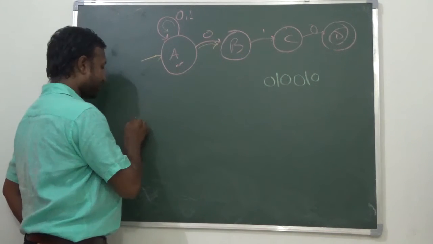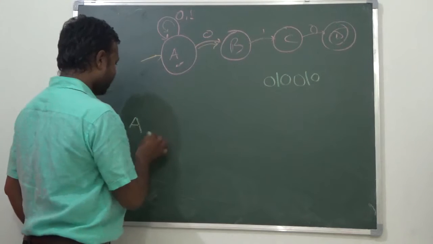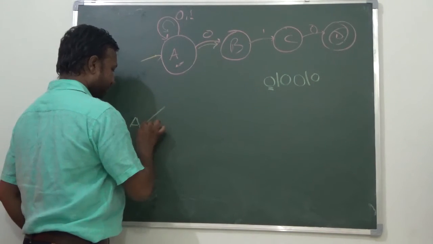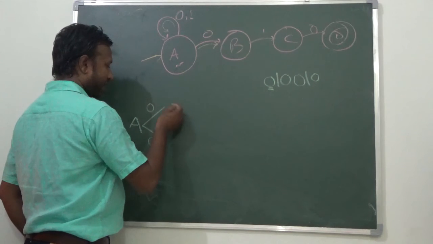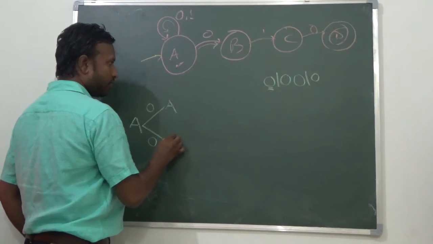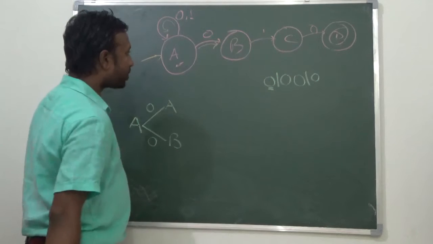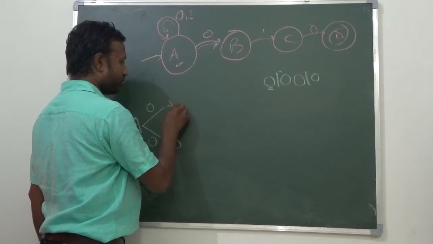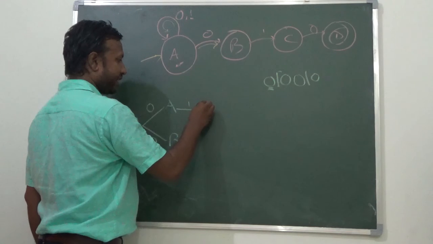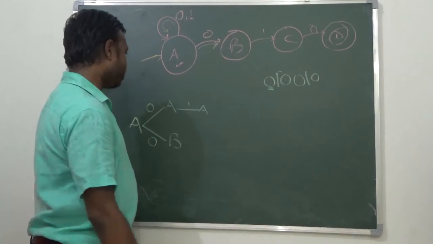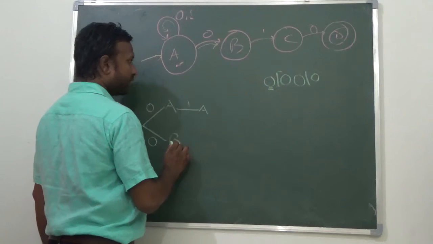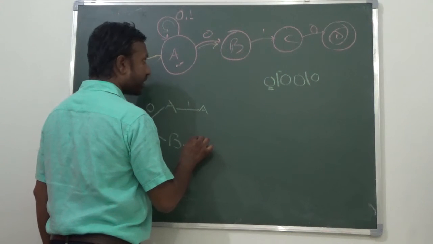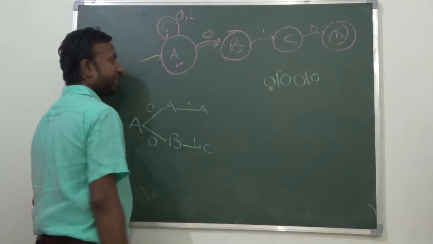So the machine is going to start with A as usual because that is the start state, and then by processing this 0, the machine again has two choices, either it stays in A or it goes to B. Now the machine needs to process this 1, and then the machine has no choice, it will go to the state A itself if it is deciding to stay in A. But if the machine is in B, then by processing this 1, the machine goes to state C.